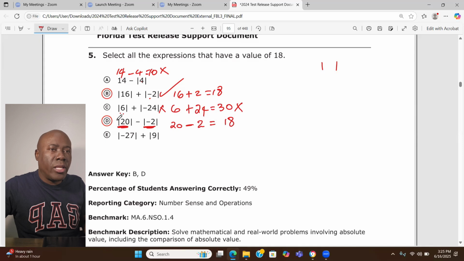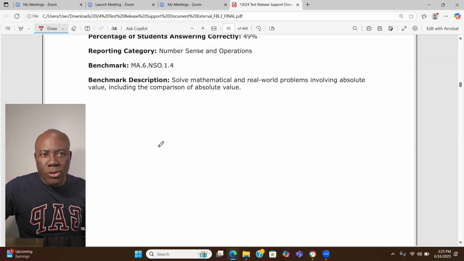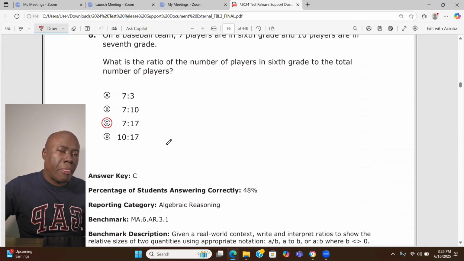And this would have made this 20 minus 2, which is 18. So D is also a solution. The last one here is not correct because this is positive 27 with positive 9, and this is about 36, and this is not correct. So our answers are as follows, B and D. Remember, the absolute value will always be positive.